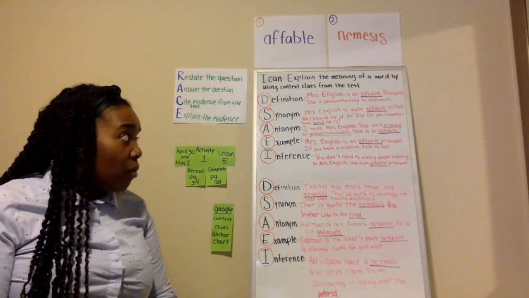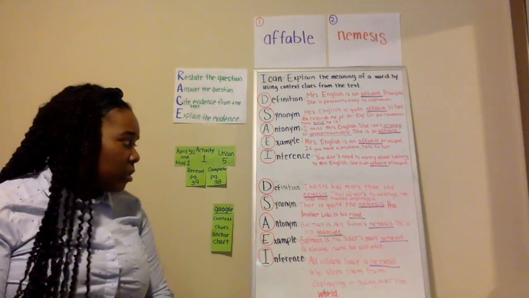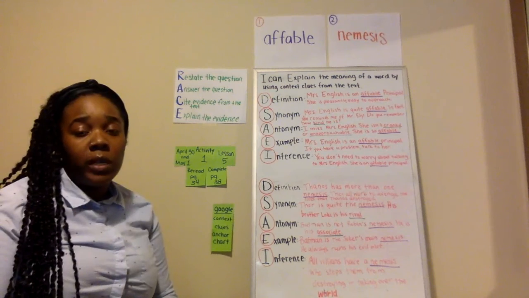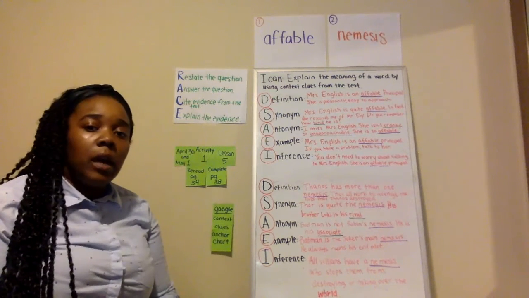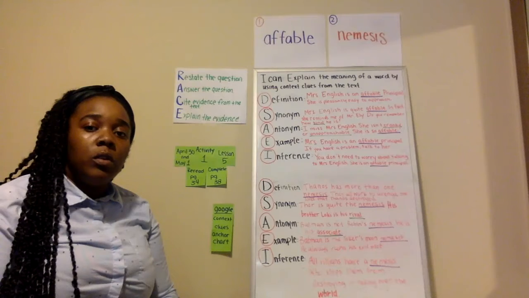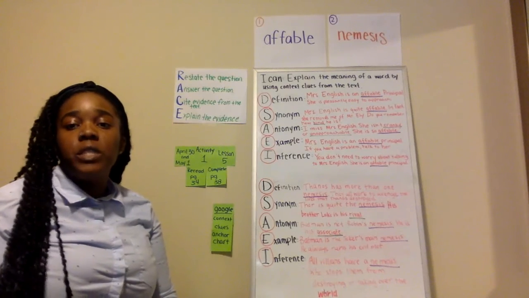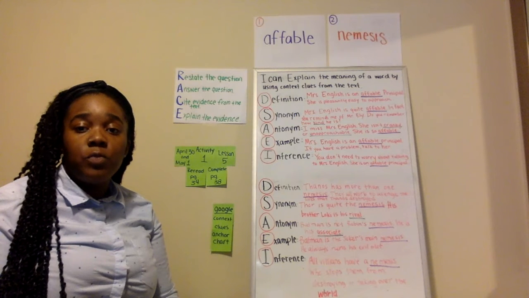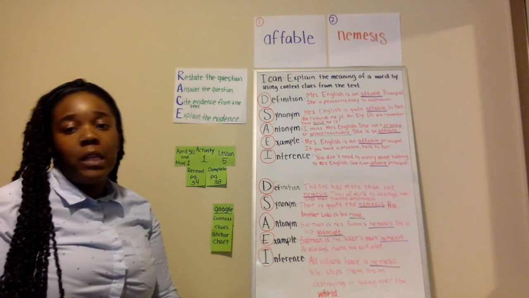Okay, so now that I have read through my examples or my context clues and figured out what the word nemesis means, I want to go back to my RACE strategy and I want to do those letters in order. So I want to first restate the question. I want to then answer the question. Then I want to cite evidence from the text. And then I want to explain the evidence.